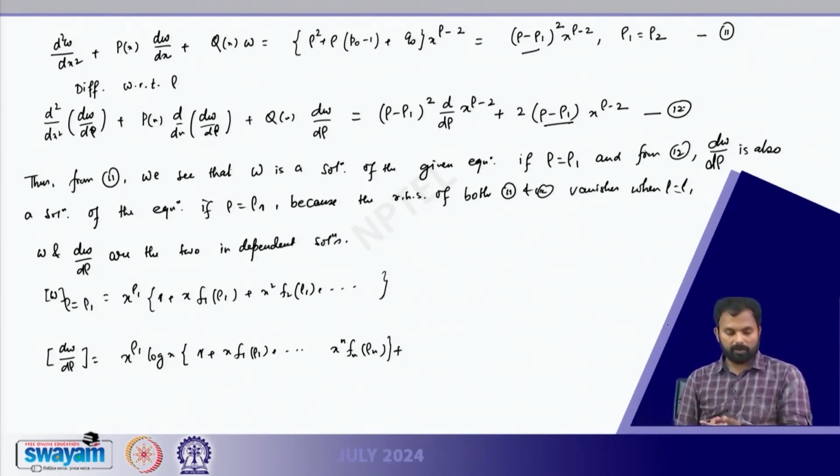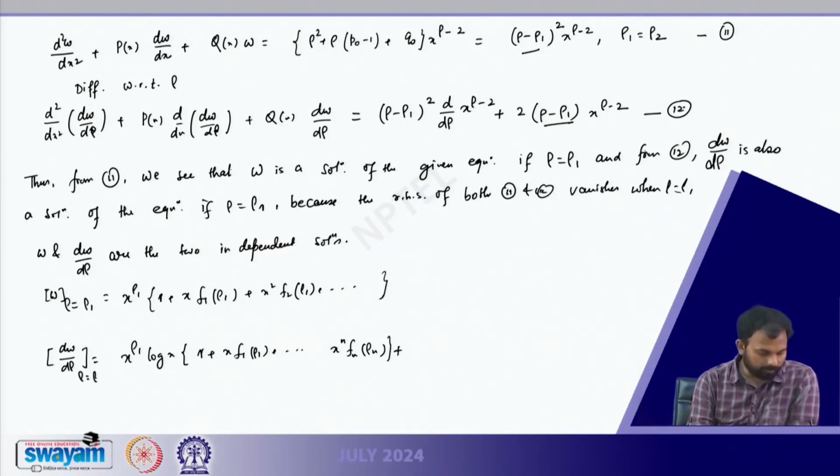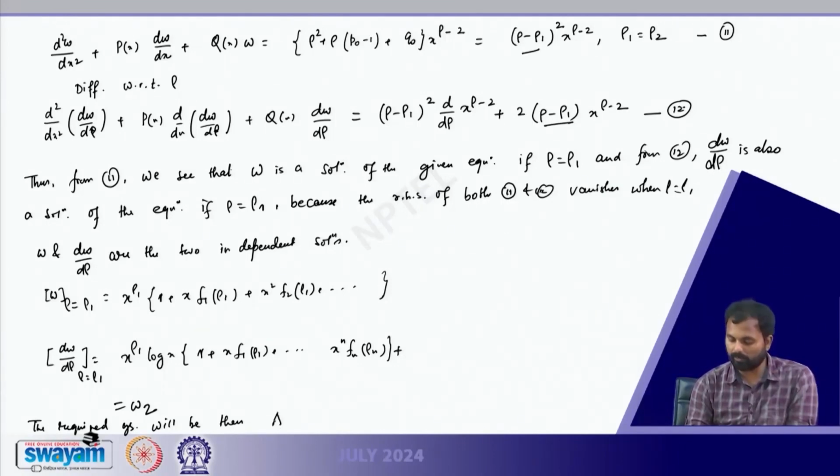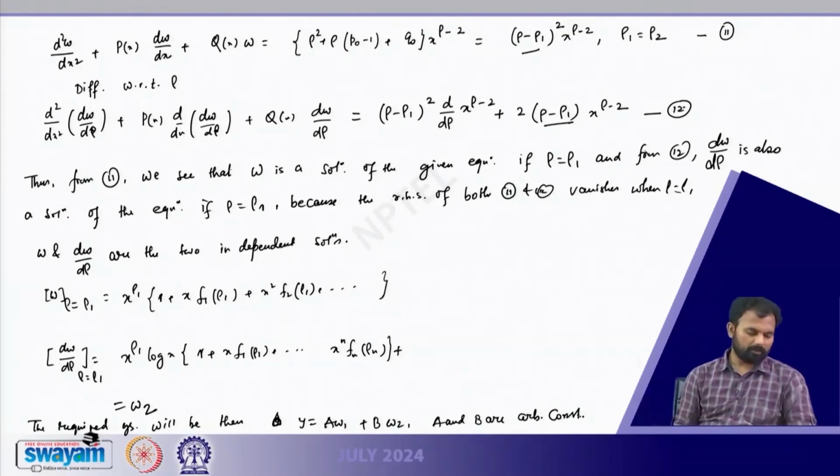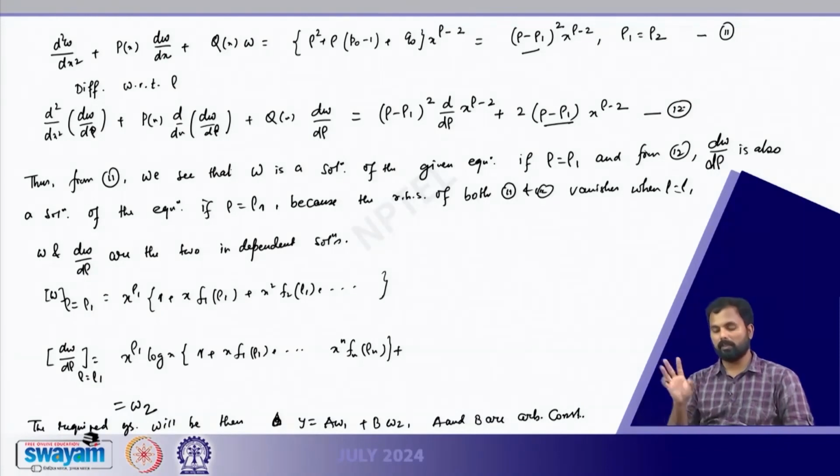So, from here dw by d rho at rho equals rho 1, whatever we will get, we will call it w2, and the required general solution will then be y equals a w1 plus b w2, where a and b are arbitrary constants, which can be determined from other conditions like initial conditions and so on.